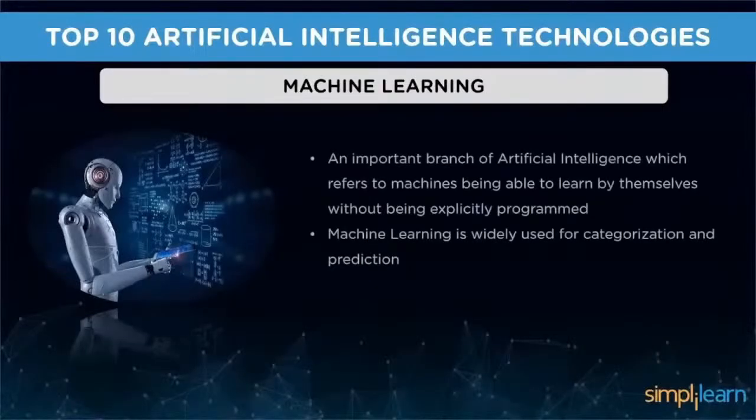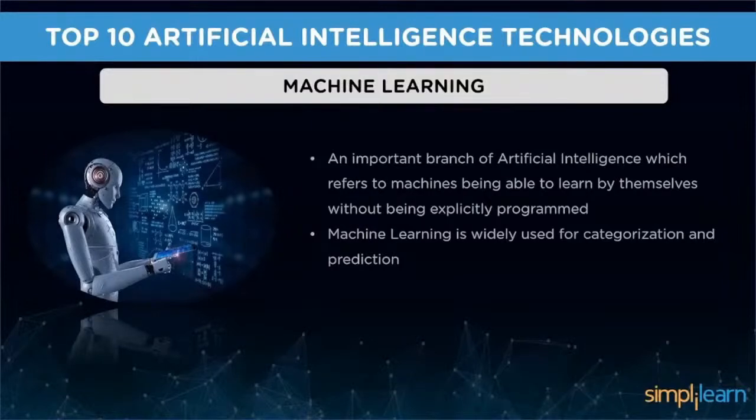Machine learning. Machine learning is an application and an important branch of artificial intelligence which refers to machines being able to learn by themselves without being explicitly programmed. It enables systems to learn and improve from experience automatically. Machine learning platforms are becoming more and more popular with the help of algorithms, APIs, big data, and applications and training tools.